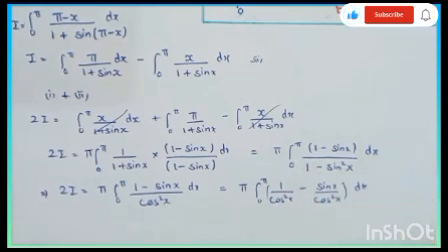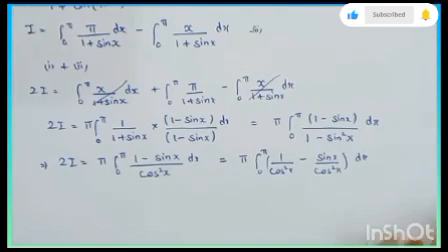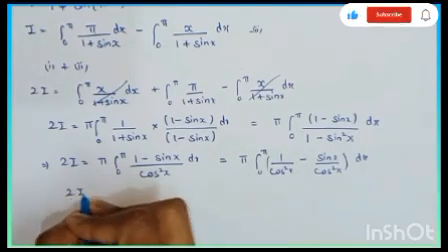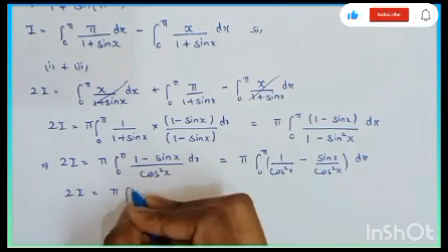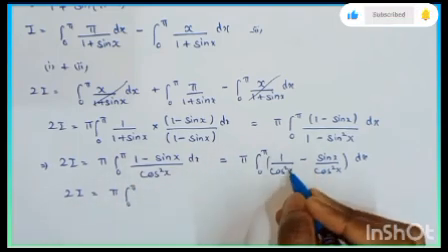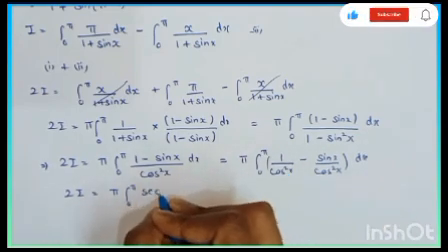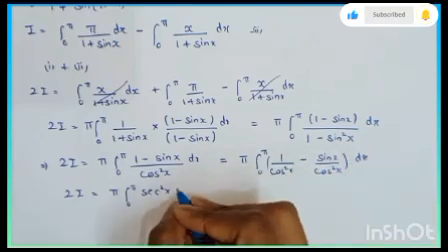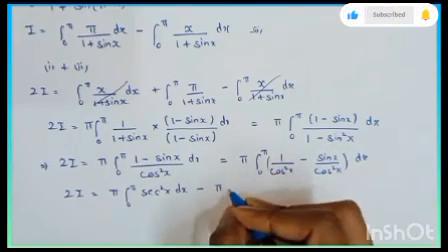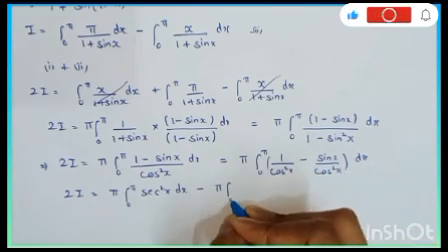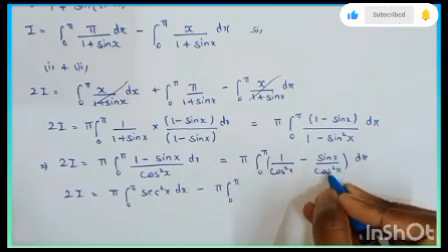If you want, you can separate it so that it is a little easier. It can be done easily even without separating, but let me separate it so that you understand. What will be 0 to pi, 1 over cos squared x? It will be sec squared x. Then dx is again minus, so it will have to be multiplied by minus pi as well. So what is pi, 0 to pi, sin over cos squared?